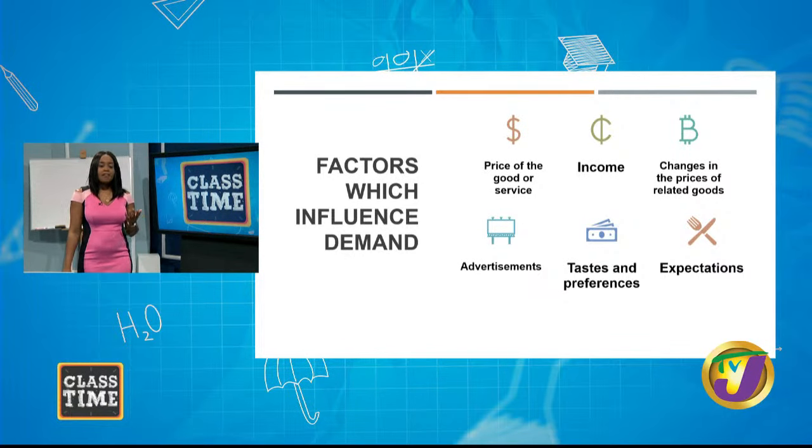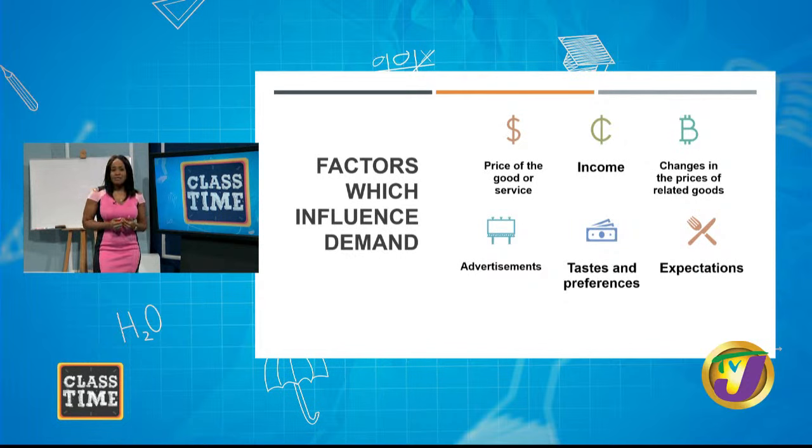There are other factors which influence demand, such as taste and preference. You know, there might just be a new trend and you decide to try another good or service, and so that would impact the level of demand. And there are also advertisements, which play a very critical role. You see an advertisement for a new resort on social media, or maybe you get an email, and you say, hey, since they're having this deal, or since this resort looks so good, let me go and try.